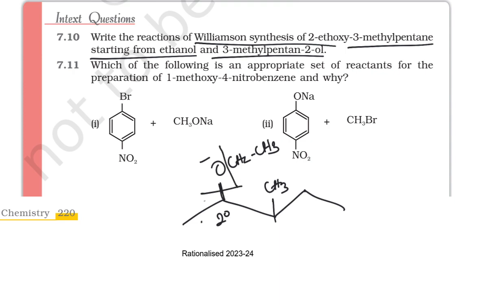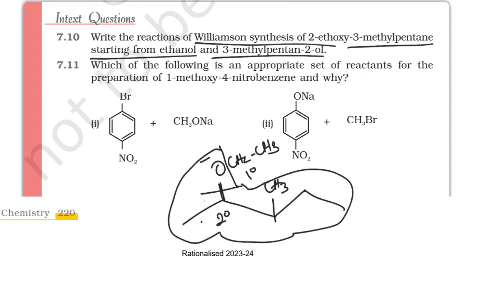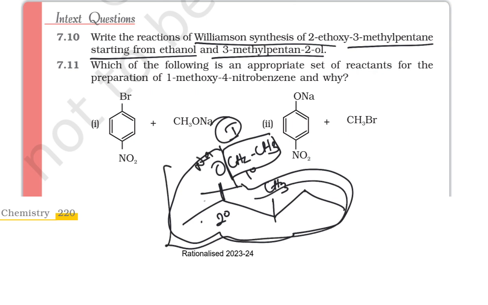Again if I break here, this becomes primary, and this becomes an alkoxide. So what I am going to do is join the halide here. Here it becomes an alkoxide.